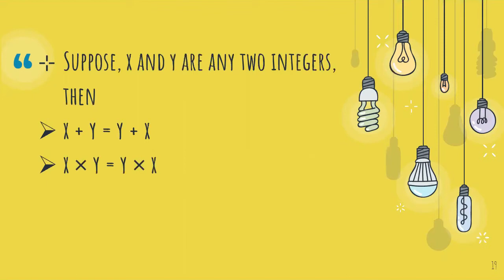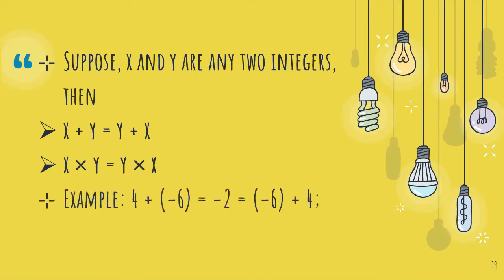So changing its order does not change the answer. That's the main thing. For example, 4 plus minus 6 would be equal to minus 2. It would be equal to minus 6 plus 4.